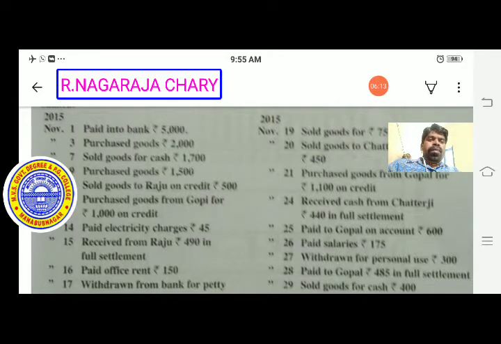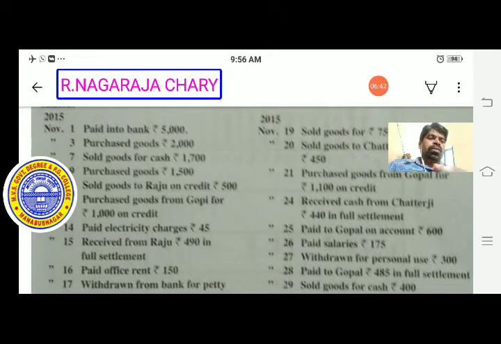When we are paying cash into bank or somewhere else, we have to think whether it is a payment or a receipt. When we are paying cash, this is a payment, not a receipt. If it is a payment you have to write on the credit side, if it is a receipt you have to record on the debit side.